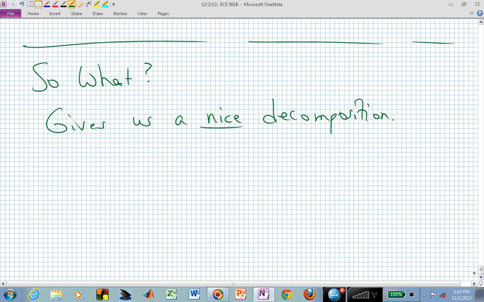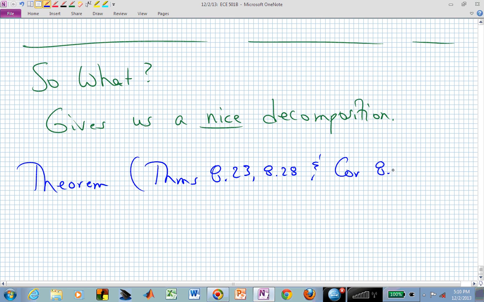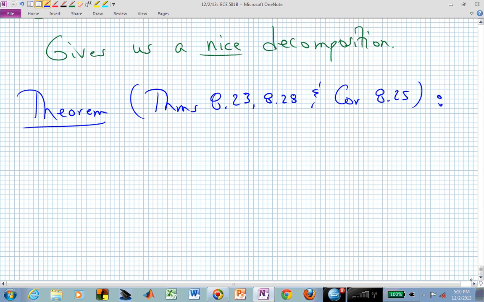And this is actually going to be sort of a mix or combination of many different theorems. This theorem you could really say is made up of theorems 8.23 and 8.28, as well as corollary 8.25, just all put together into one theorem with many different parts. So I'm just sort of writing one theorem to collect these different results in the textbook.